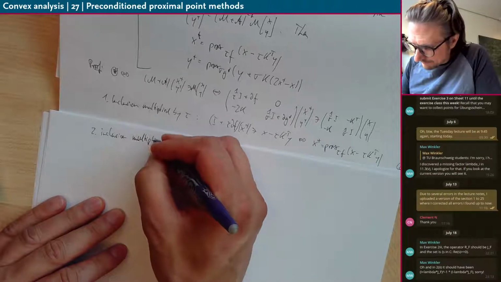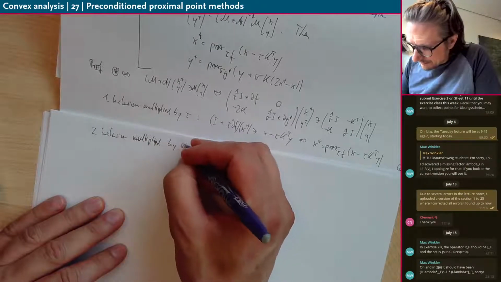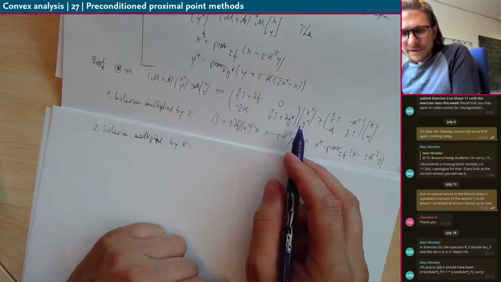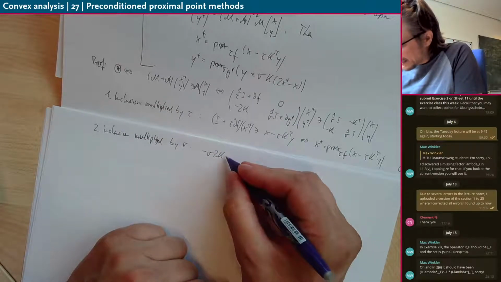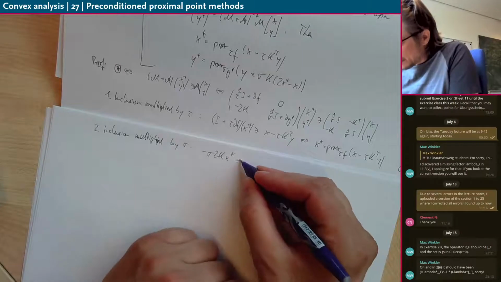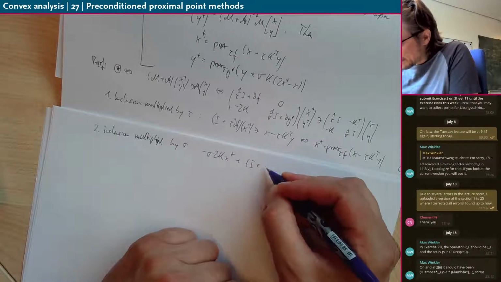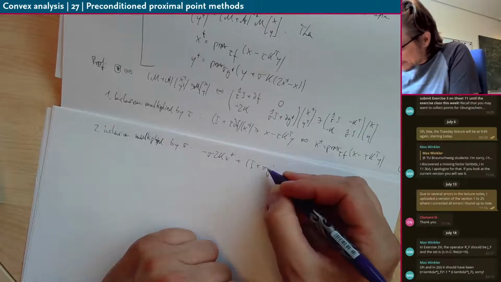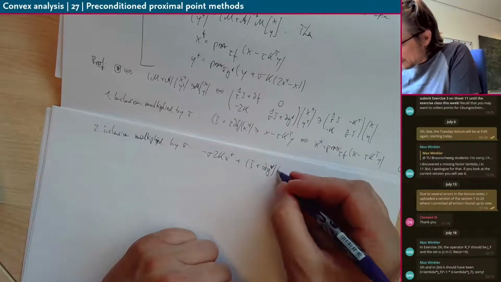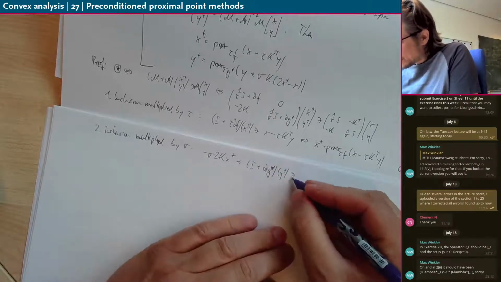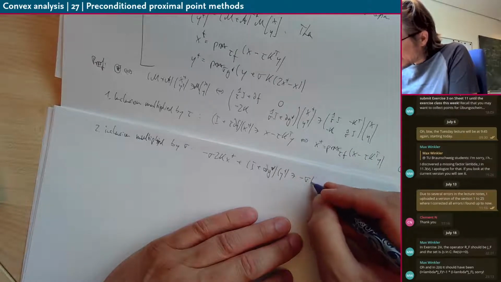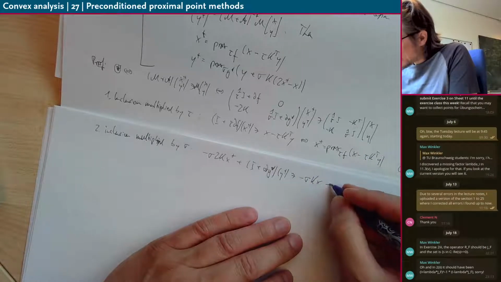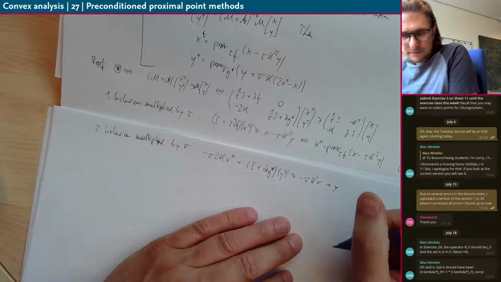multiplied by sigma gives us, and now we have to be a bit careful, it gives us minus sigma k x plus identity plus sigma subgradient of g star of y plus contains, this also multiplied by sigma, minus sigma k x plus y.